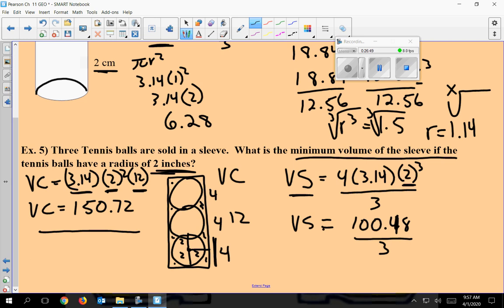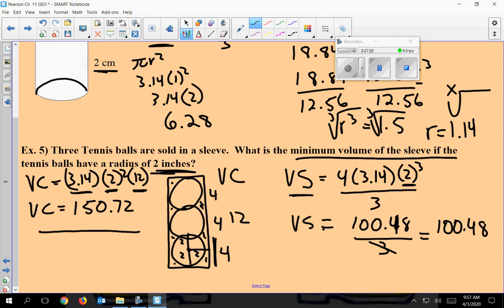But that's for one ball, and I've got 3 balls. If I divide it by 3, I'd have to turn around and multiply it again by 3. So I'm going to forget about doing that, because it actually ended up being 3 balls. So the volume of the spheres in the can is 100.48.